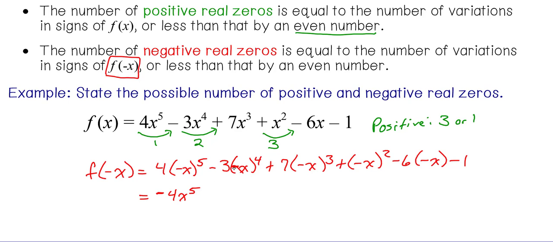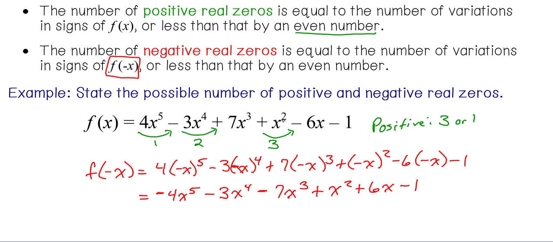So this negative 3 is going to remain the same because negative x to the 4th power is just positive x to the 4th. Because this is going to be negative, it's going to change the 7 to a negative 7x to the 3rd. This is going to remain x squared. This negative is going to change the negative 6 to a positive 6x minus 1.